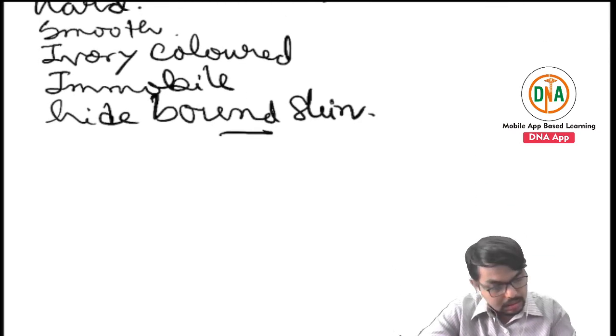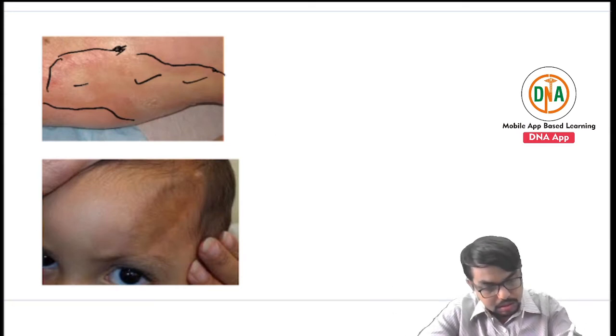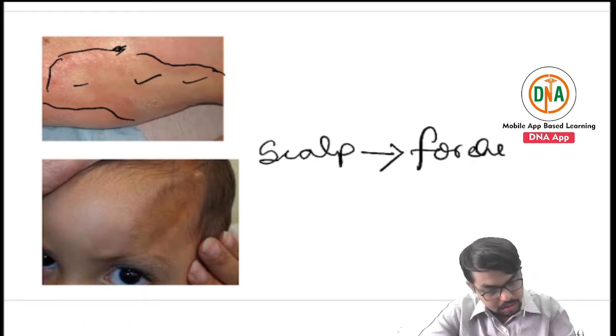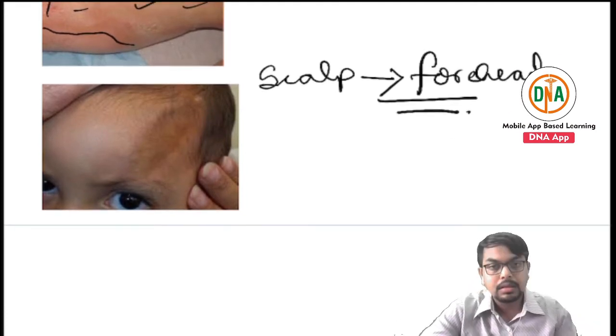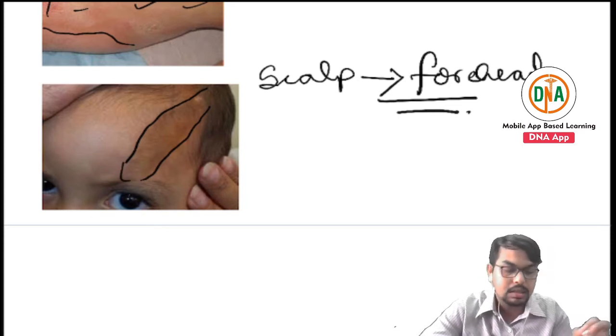Linear scleroderma is present commonly over the scalp and extends up to the forehead. See this lesion, the linear scalp lesion is extending up to the forehead, and it is also the same, the skin is stiffened, hard on palpation.